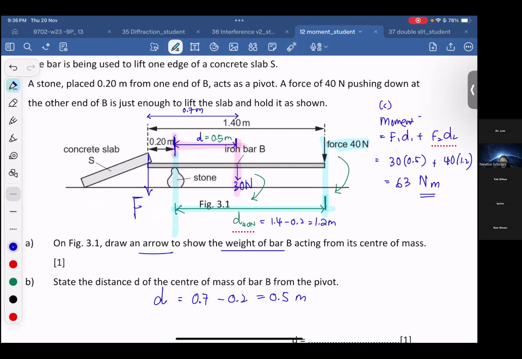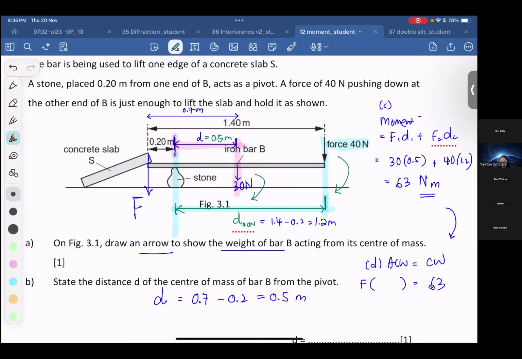So this one is easy because it's balanced. The anti-clockwise moment equals the clockwise moment. The anti-clockwise moment is the force that we don't know times the distance, and the clockwise is what we calculated just now, 63. Now the question is force times what distance?